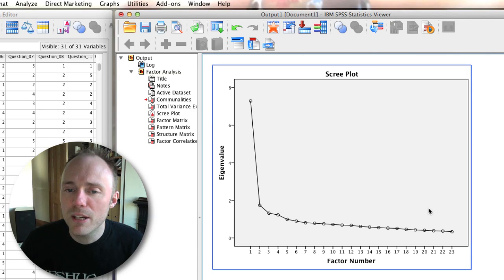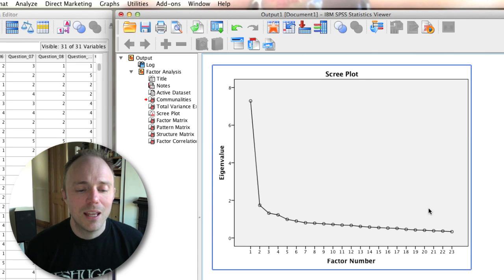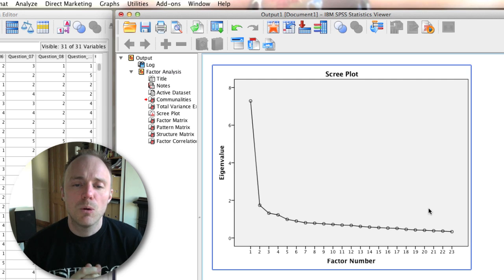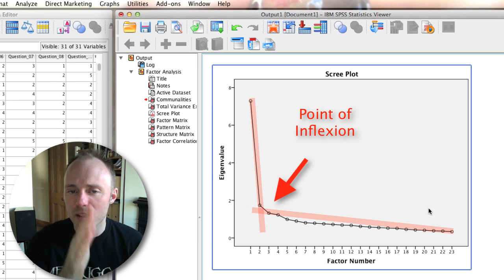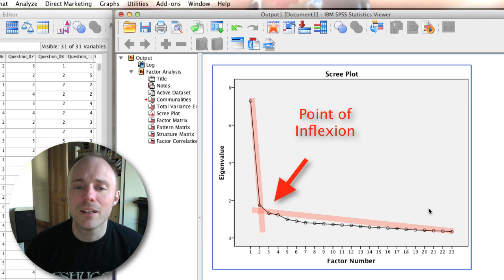We can also use the scree plot. We might be happy for SPSS to extract 4 factors, but we might also want to look at the scree plot to give us some idea of whether that was a reasonable thing to do. What we're looking for on the scree plot is the point of inflection. That's the part where the curve tapers off to a sort of horizontal line.